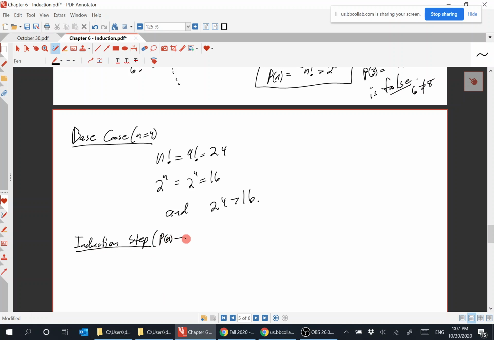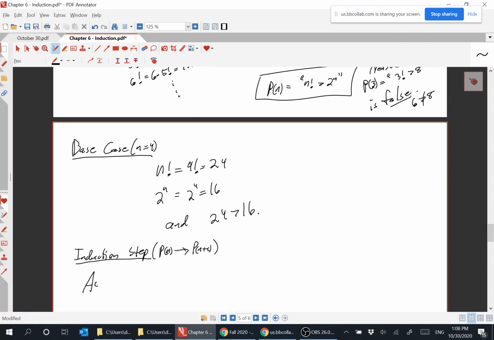Right, we want to show Pn implies Pn plus 1. So we need to assume what? Assume that the hypothesis, your induction hypothesis, is true. What's the induction hypothesis going to be? Right, you have to assume Pn is true.